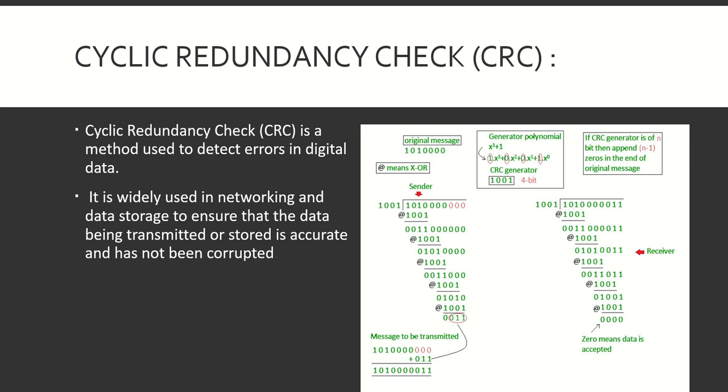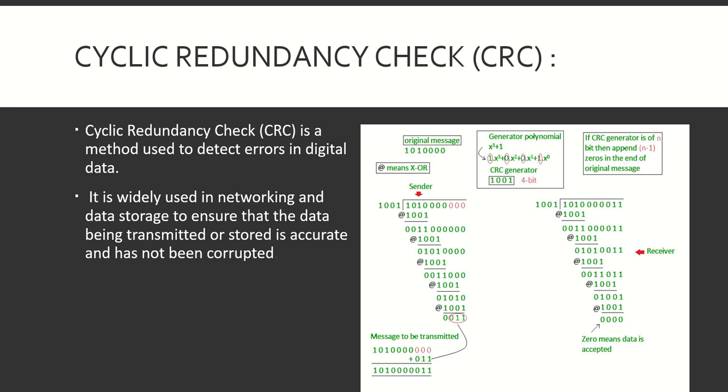Then we generate the CRC generator 1001, 4 bit. Using this we divide our original message by this, then we lastly got 000, and this is accepted. It is a CRC.